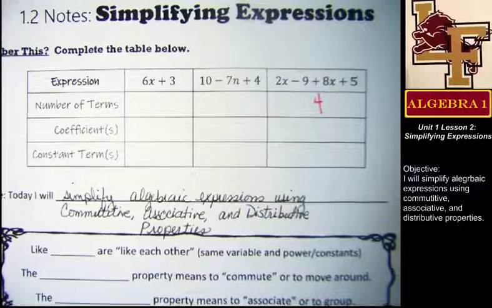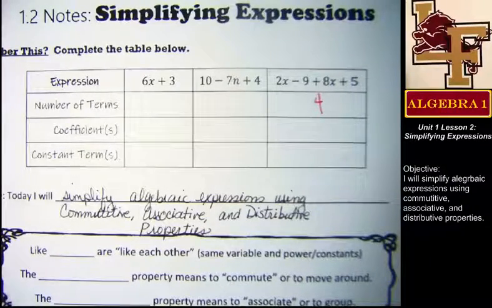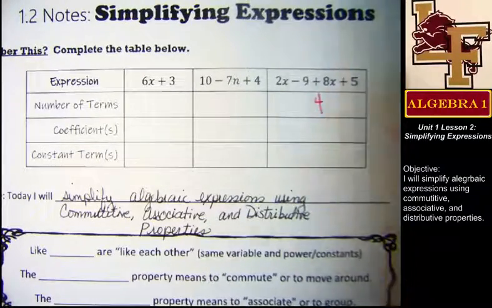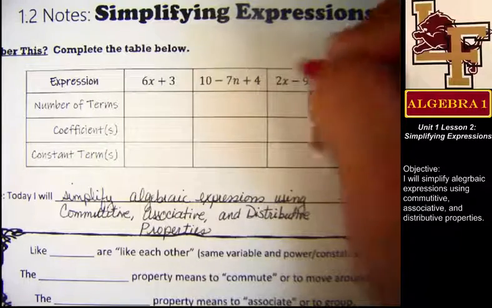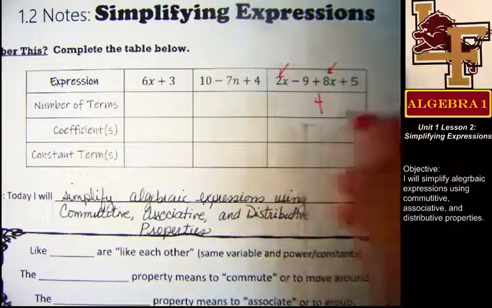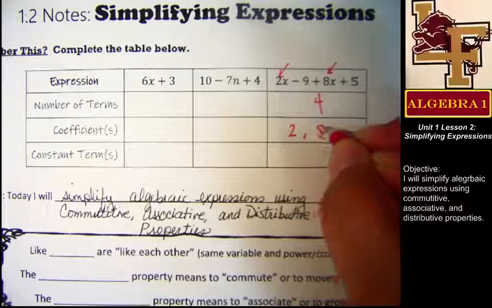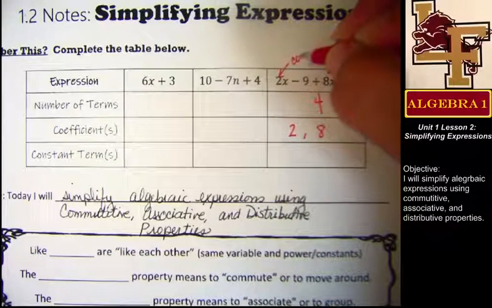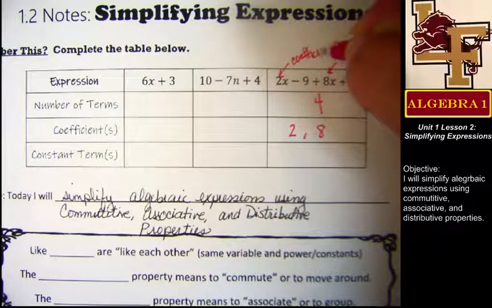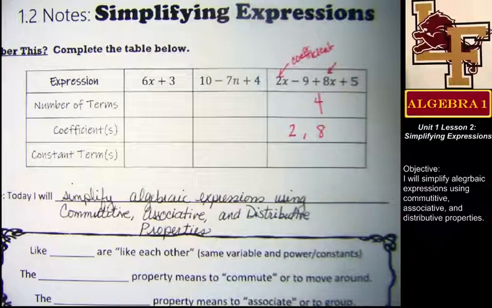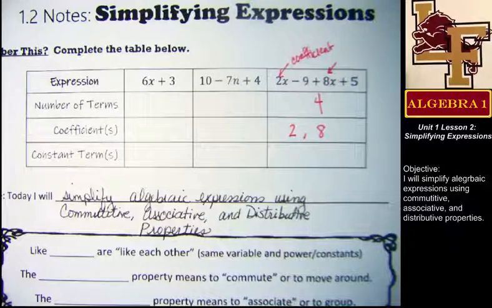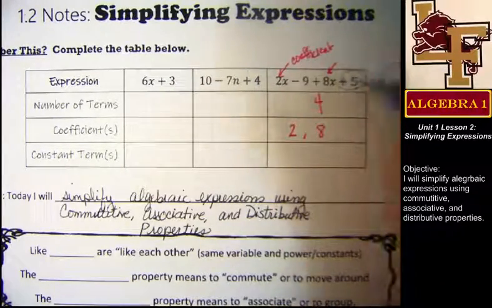What coefficients do we have? The 8 and the 2, because these are the terms that have variables, and those are the numbers in front of the variables. So these are our coefficients. Which ones are the constant terms? 5. A 5 is a constant term.